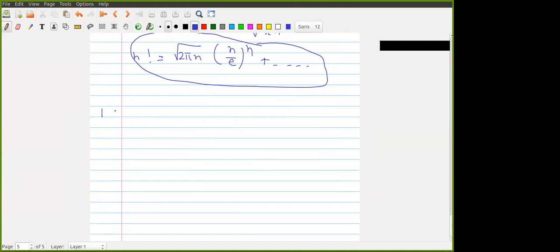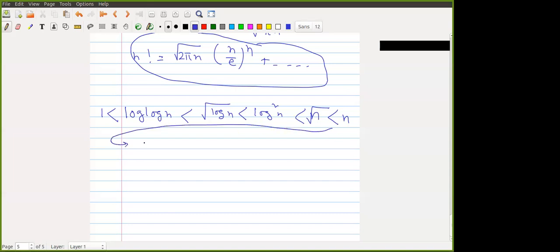A constant function is of course less than log n, then say square root log n, then maybe log square n, then n or square root n, then n log n, then of course n square, then 2 to the power n, or like 4 to the power n, which is less than n factorial. You understand this can go on.